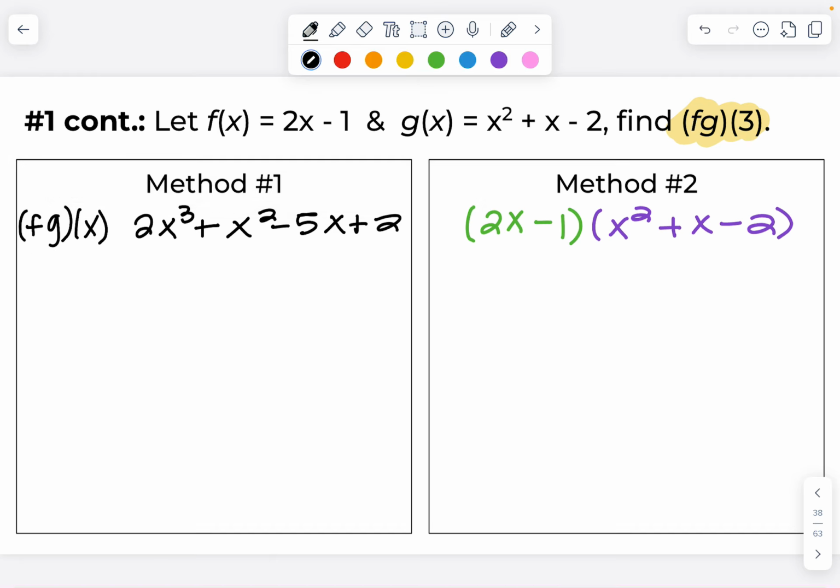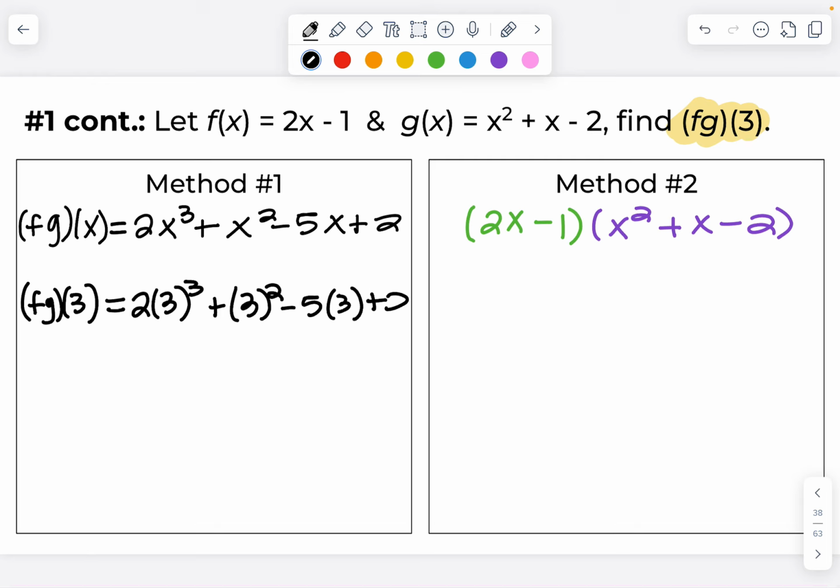We take what we got when we did f times g, and now to find f times g of 3, I plug 3 in everywhere I see an x, and then I can simplify that. All right, so that's method 1.